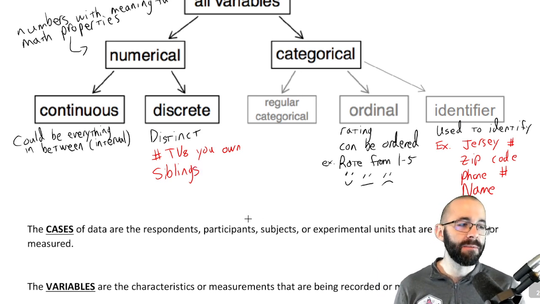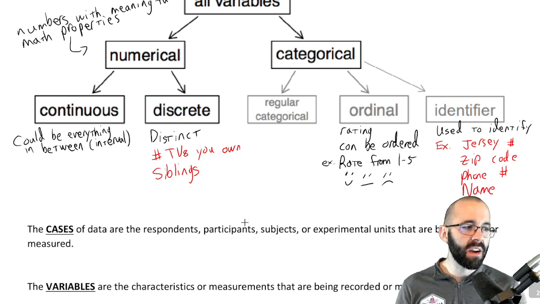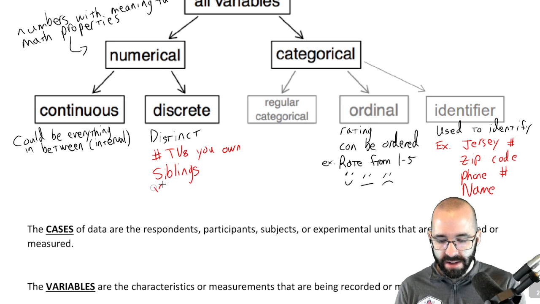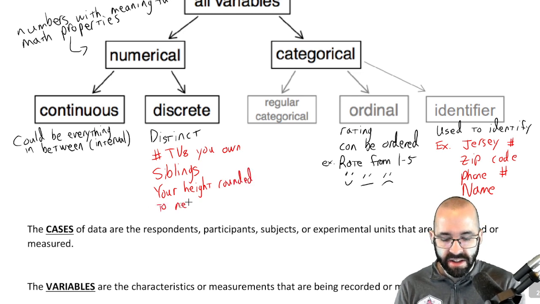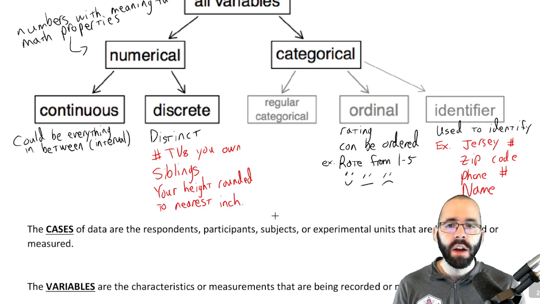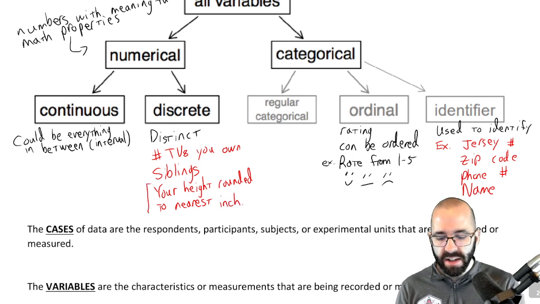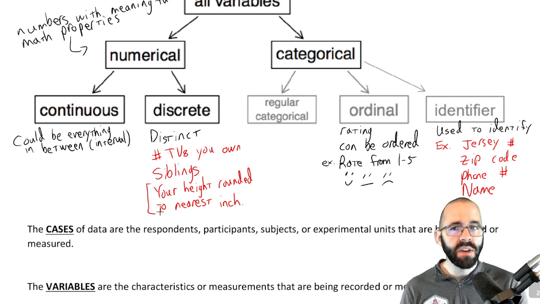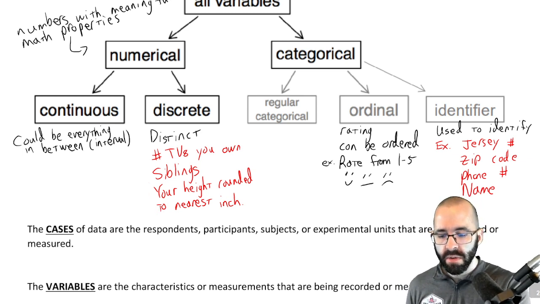It could be, we could maybe split hairs a little bit, it could be your height rounded to the nearest inch. Because it depends on how we formulate it. Height could also be a continuous numerical variable, right?